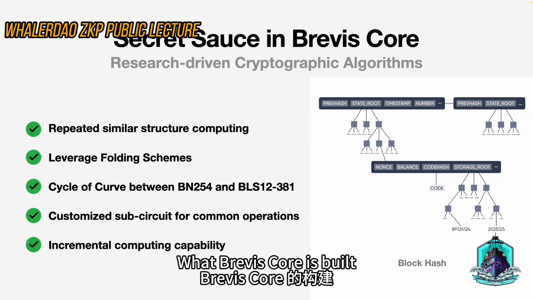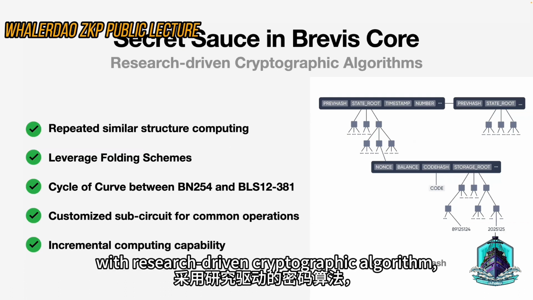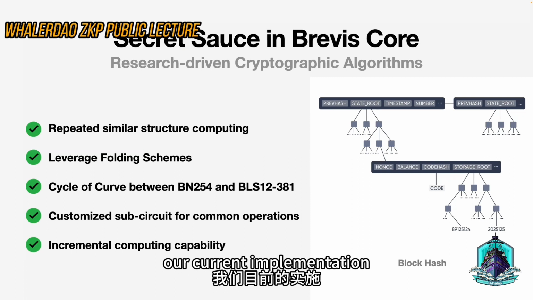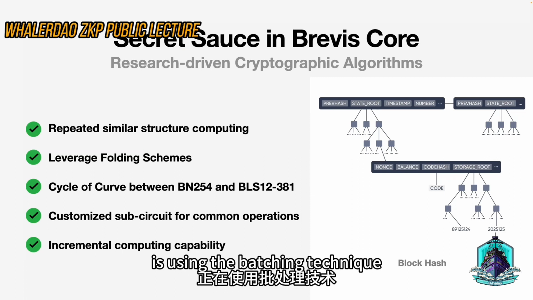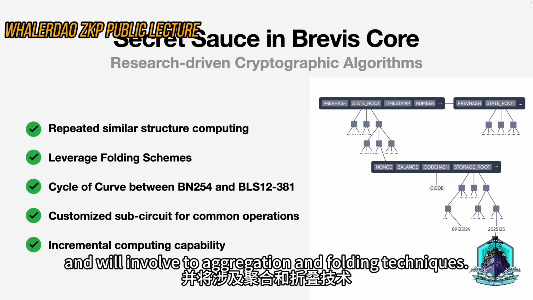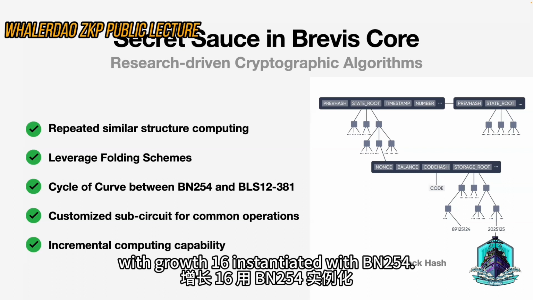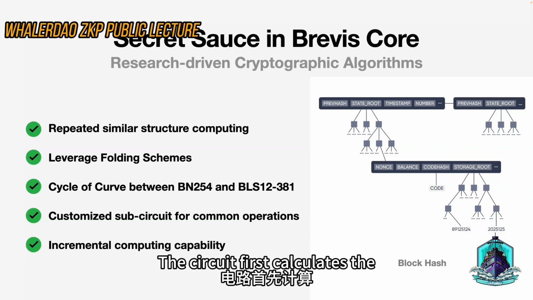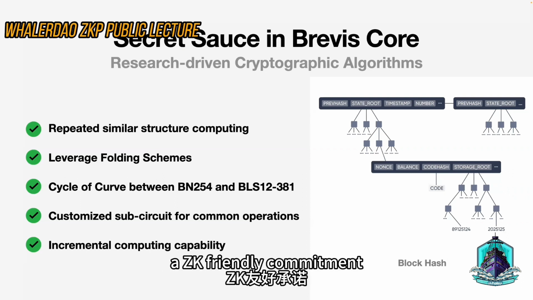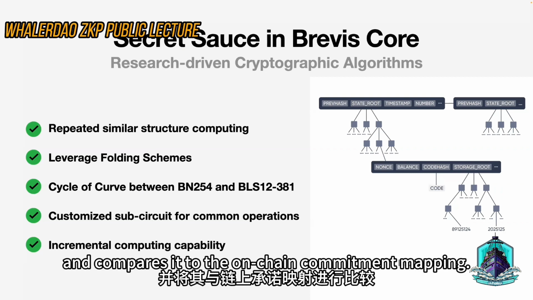Well, Brevis core is built with research-driven cryptographic algorithms. Our current implementation is using the batching technique and will evolve to aggregation and folding techniques. We implemented circuits in Gnark with Groth16, instantiated with BN254. The circuit first calculates the ZK-friendly commitment and compares it to the on-chain commitment mapping.